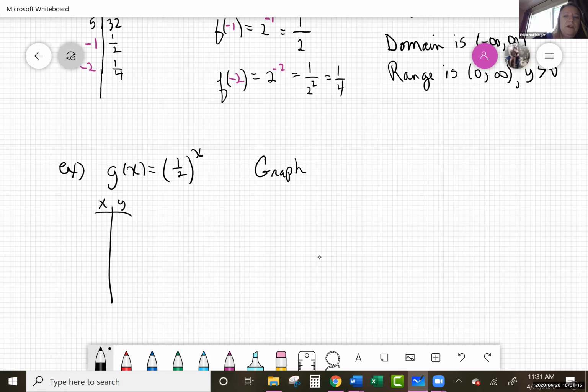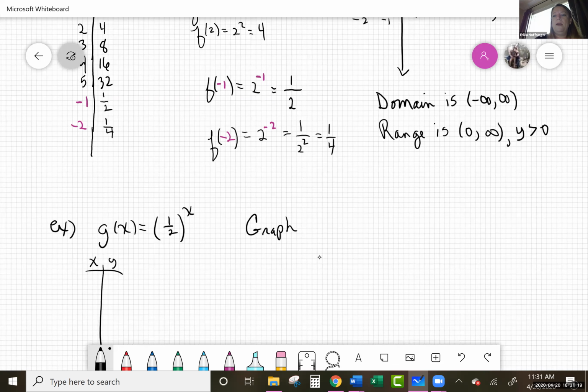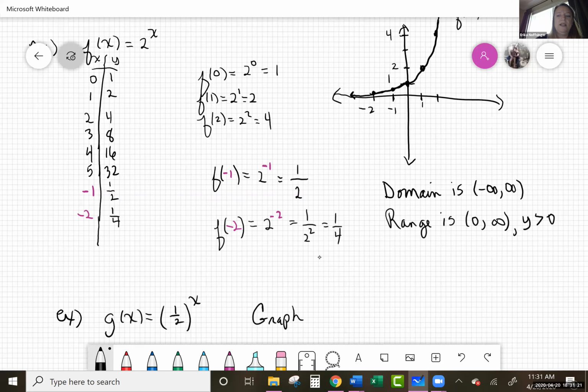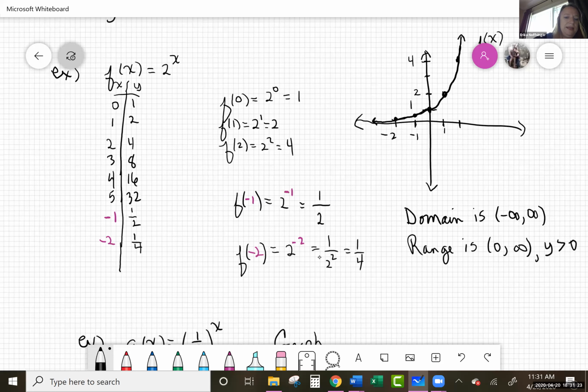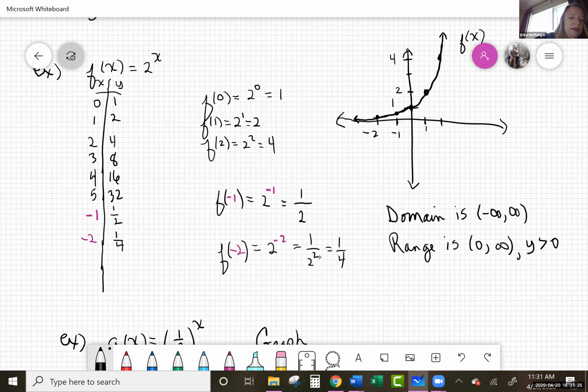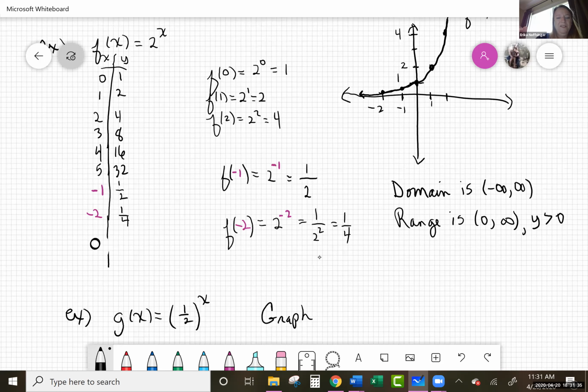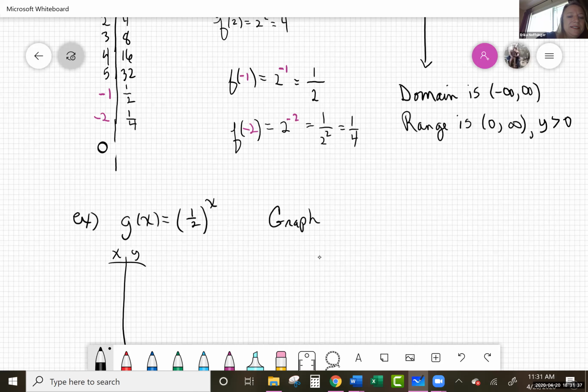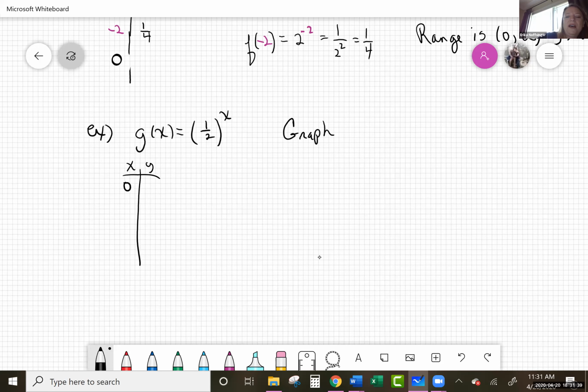Oops, I forgot one important point on this last one. I did plot it, but I didn't show it. When x is 0, oh, I did. It was right here. It was 1. Sorry. Let me go back over here. Okay, so when x is 0, anything raised to the 0 power other than 0 is 1. We get back 1.